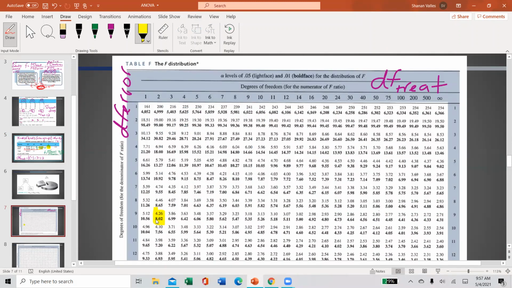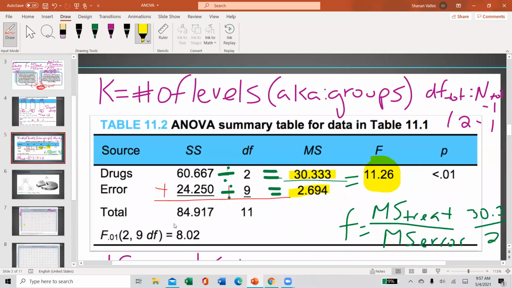So 11 blows away the 8, right? It far exceeds the 0.01. And that's why he has it listed here. That's why he went with the 0.01, right? That's why he says here that the chance or the probability of finding an F at 11.26 is less than 0.01. Okay.